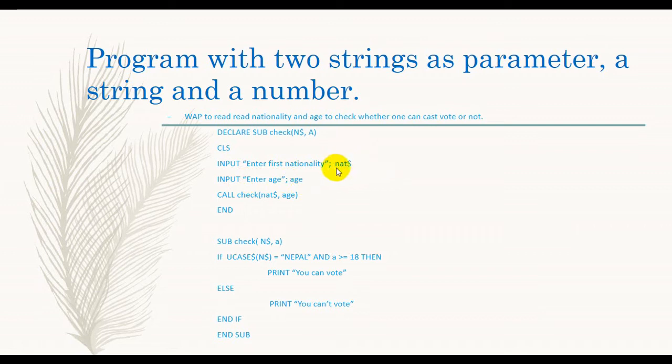After accepting these two values, it's passed here, called check nat$, age. When it reaches here, it goes over here and checks if UCASE$(n$) equals Nepal, and the age, which is brought here by the variable a, if this a is greater than or equal to 18, then print you can vote, otherwise you cannot vote.